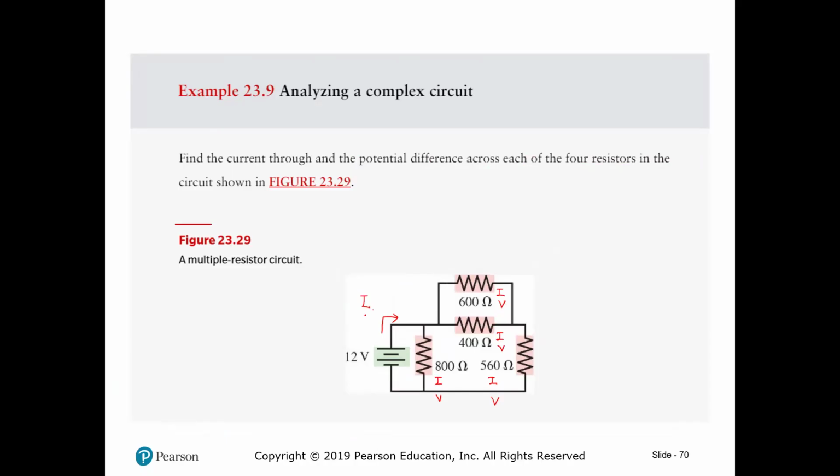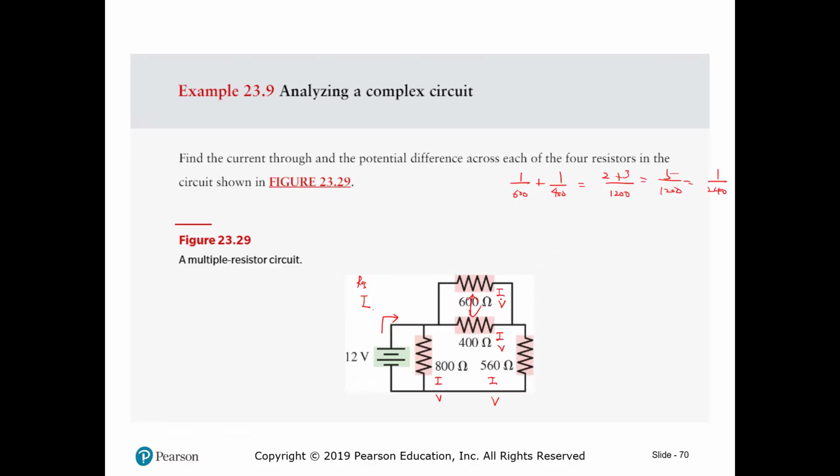So in order to find the total current I, you have to find the Req, right? In order to find the Req, you have to simplify these two resistors, which are in parallel. So the combination of these two is 1 over 600 plus 1 over 400, which is 1 over 240.